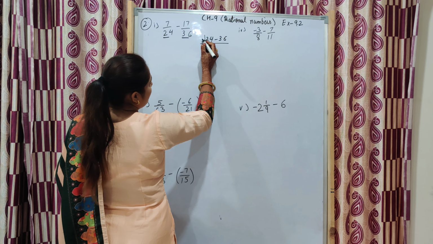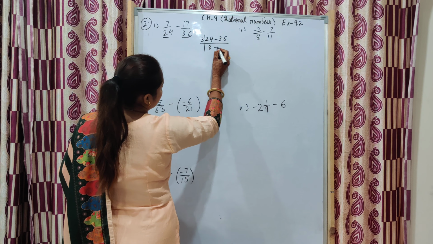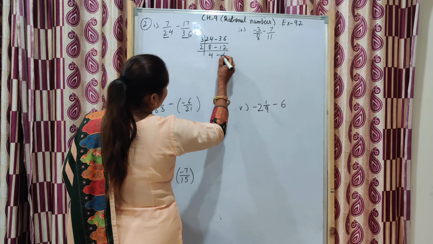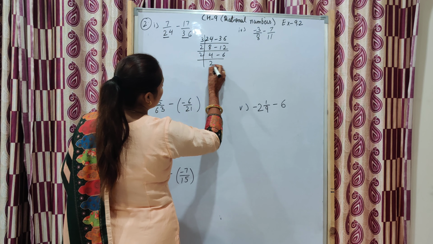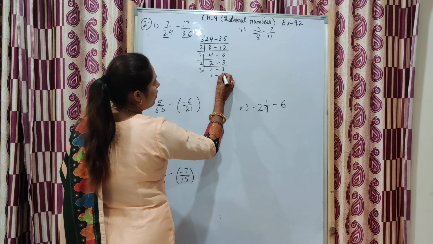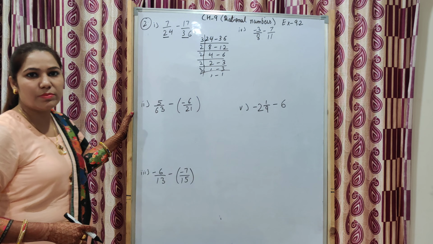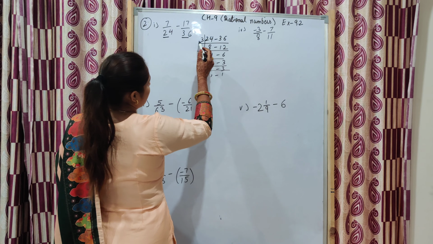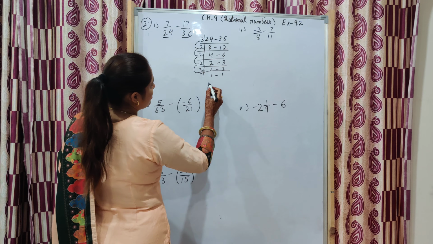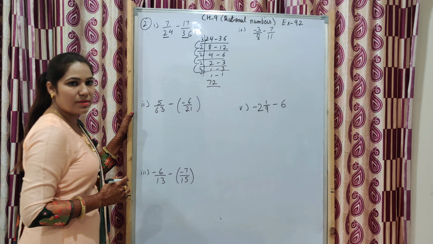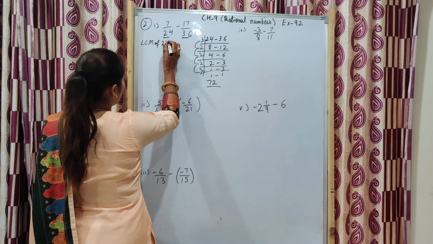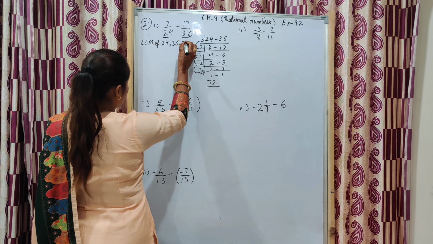On the table of 3 I will take, now on the table of 2, then again on the table of 2, then on the table of 3. Now I will multiply it. 3 2s are 6, 6 2s are 12, then 12 2s are 24, into 3, that is 72. So the LCM of 24 and 36 is 72.